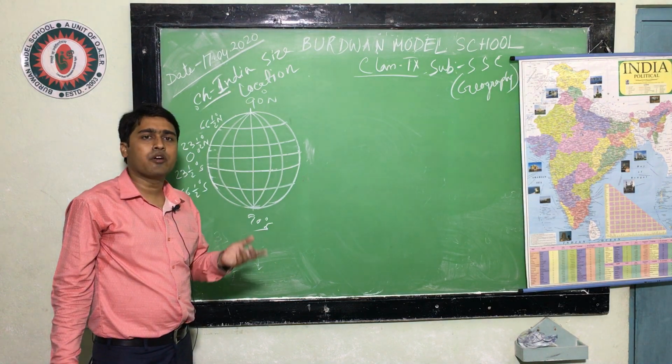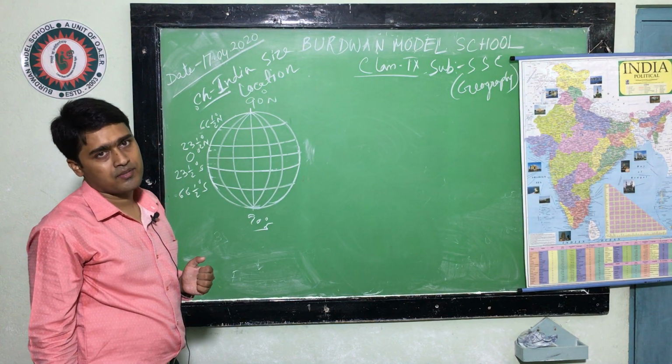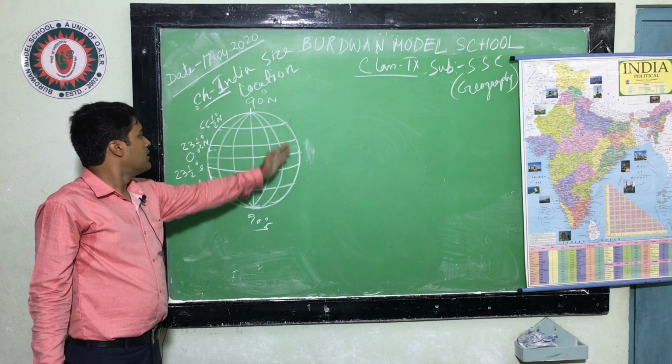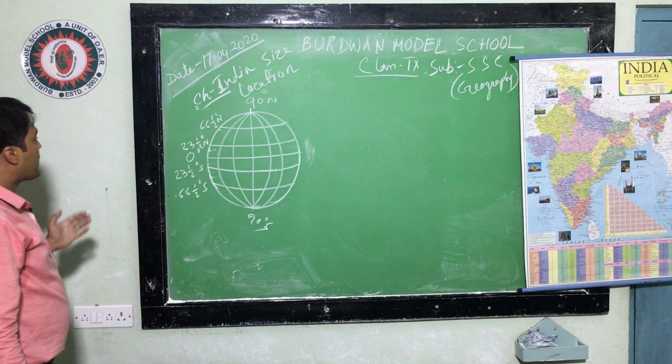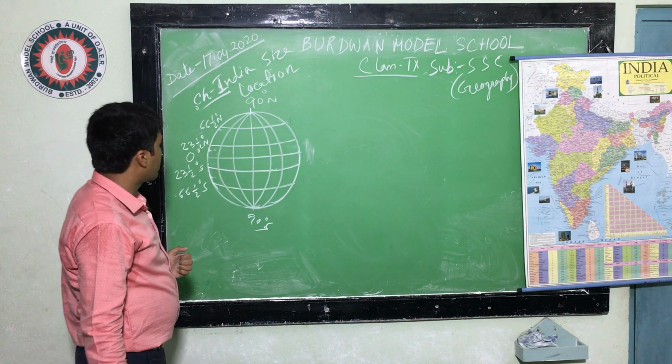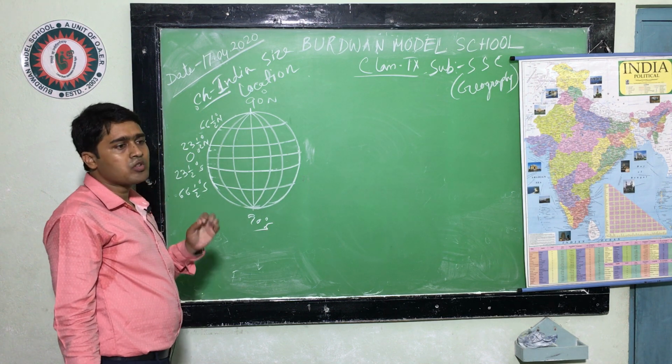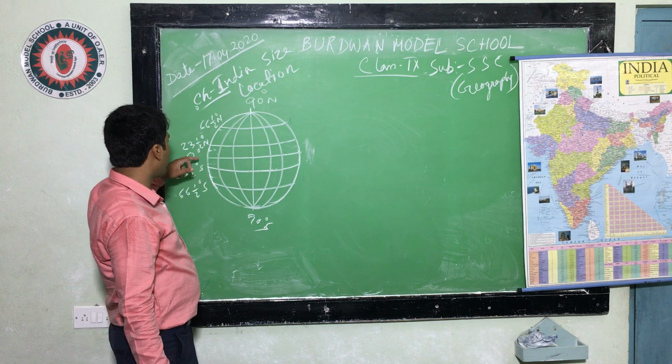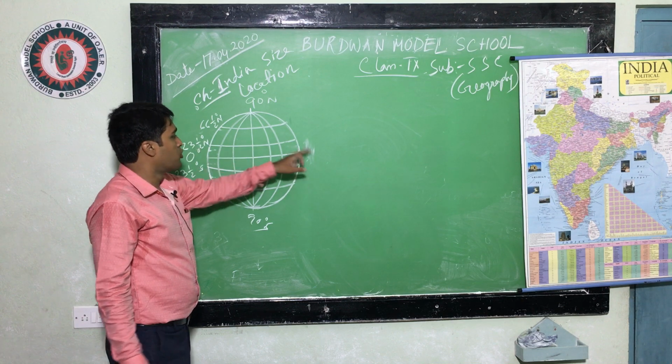Both latitude and longitude are imaginary lines. On this globe you can understand what latitude is and what longitude is. The latitudes are those imaginary lines running from east to west.